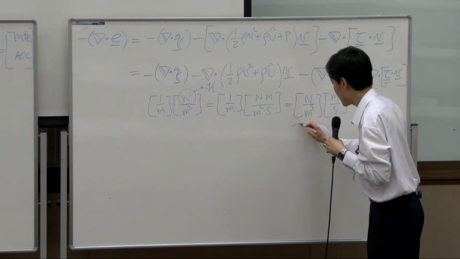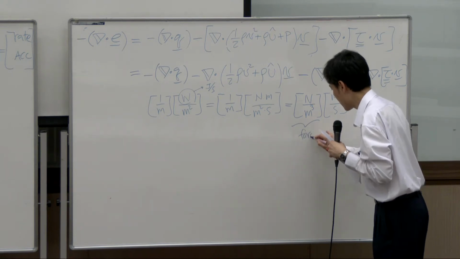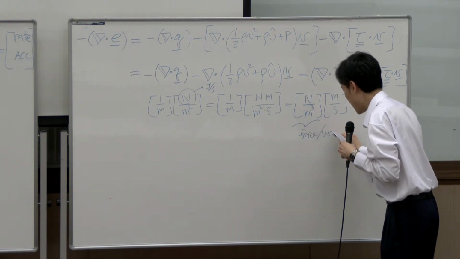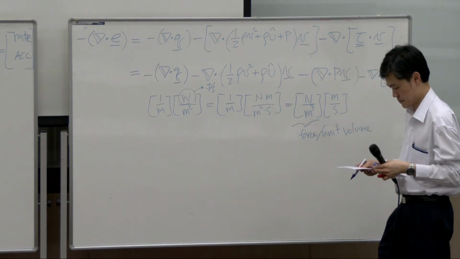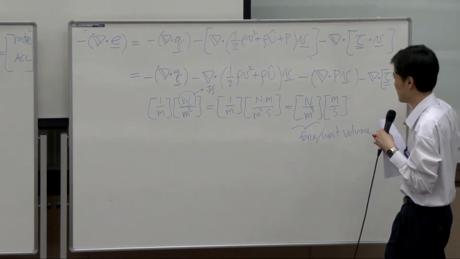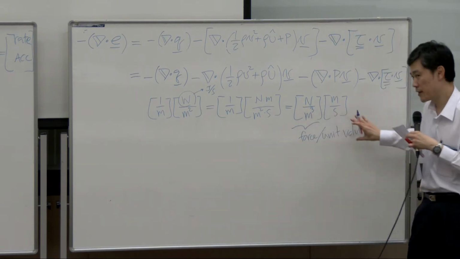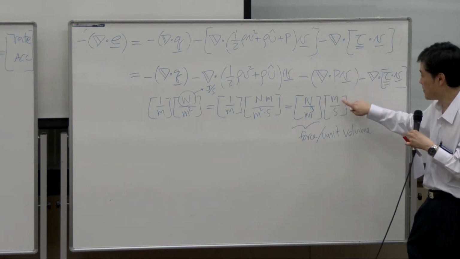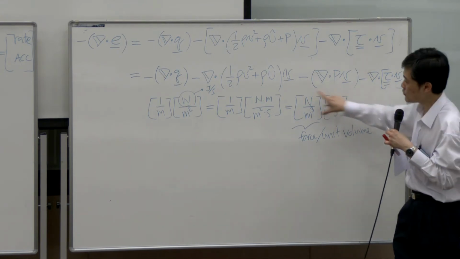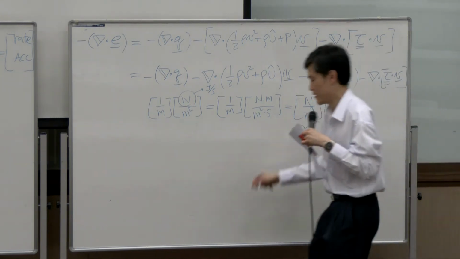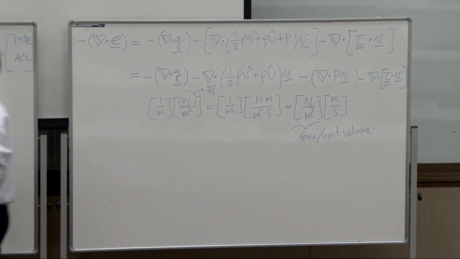You see that this term is force per unit volume. Okay, keep that in mind. We can have force per unit volume multiplied by meter per second, which is velocity. Why do I do that? Why did I do that? Let's move to this part.